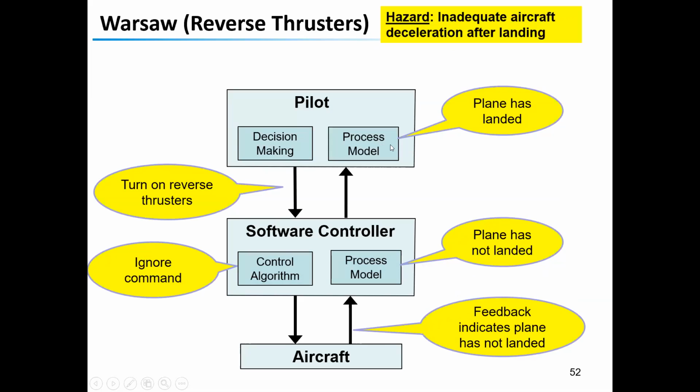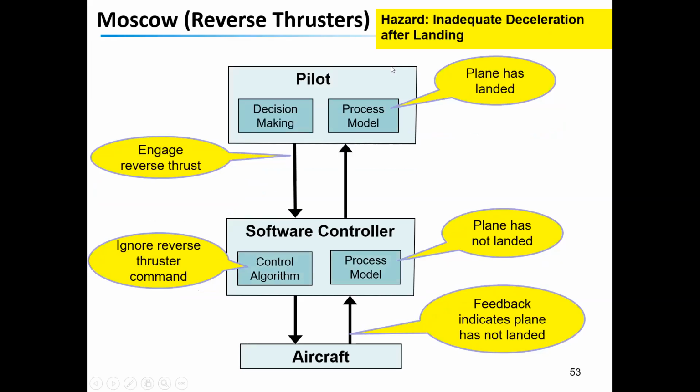Now we can use this to explain why accidents occur after the fact, but we can also use it to identify how to prevent these kinds of accidents from happening before they happen. Remember, the software thought that the plane had not landed and therefore ignored the reverse thruster command from the pilot.